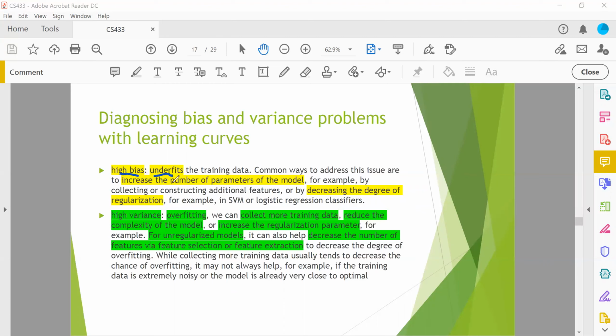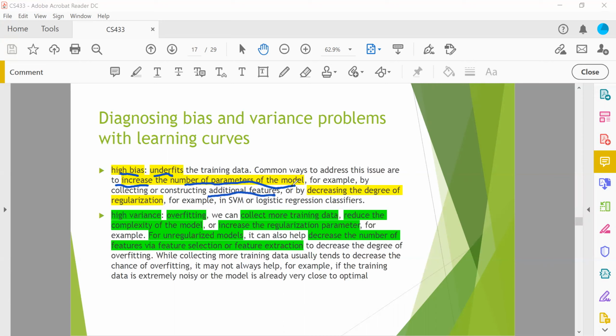Model simple means the number of parameters of the model may not be enough, so you can increase it. It's just like changing your model from linear regression to polynomial regression. And you can also add more features.